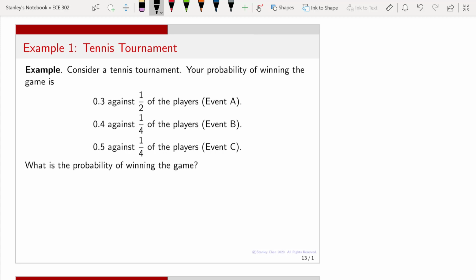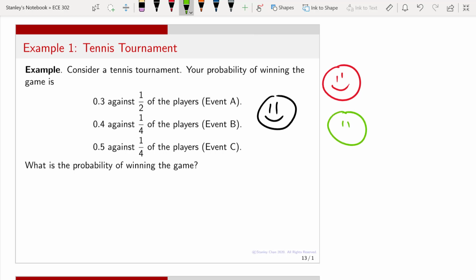So what do they mean? Well, you are a player, and then of course there will be somebody who is better than you, somebody who is as good as you, and then somebody who is worse than you.